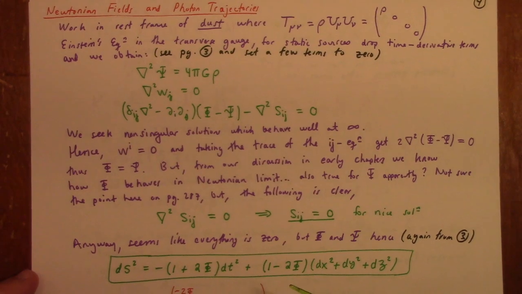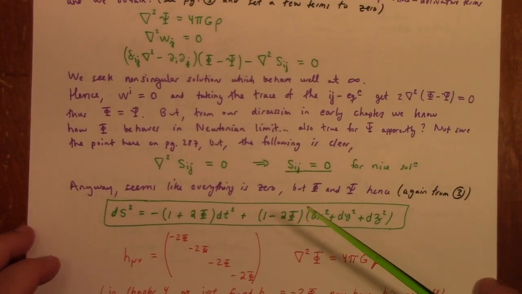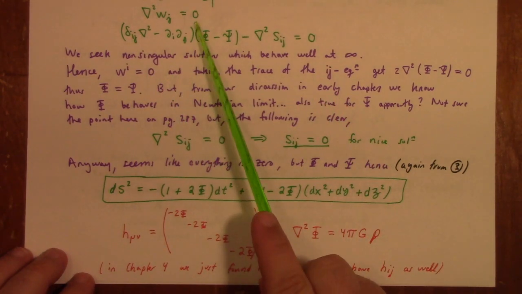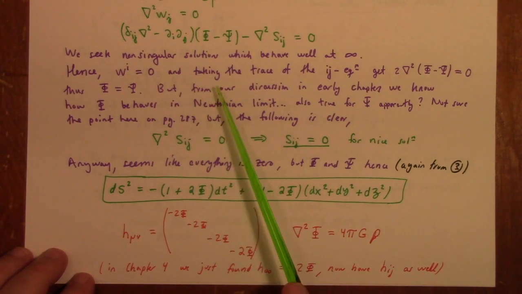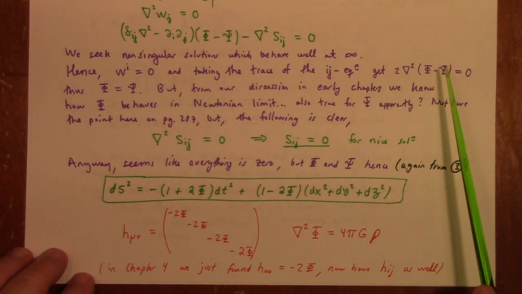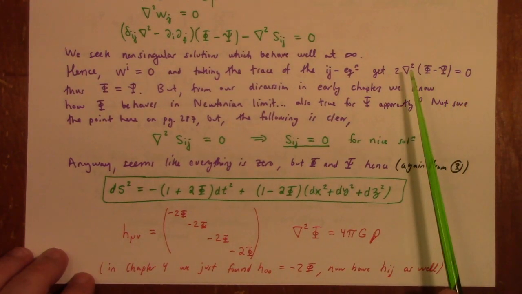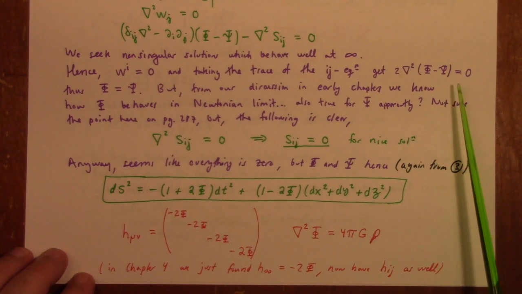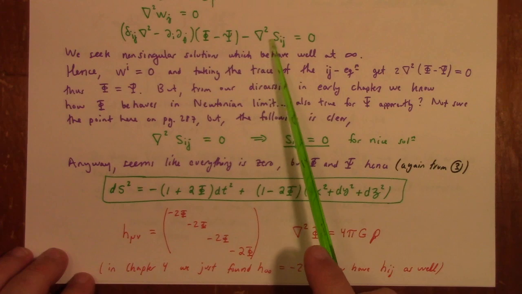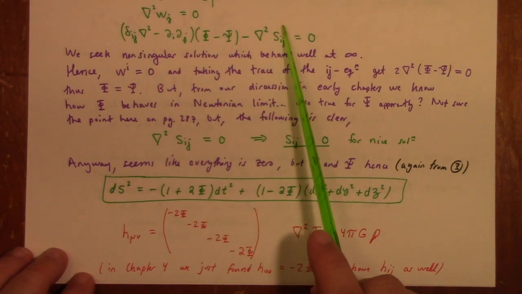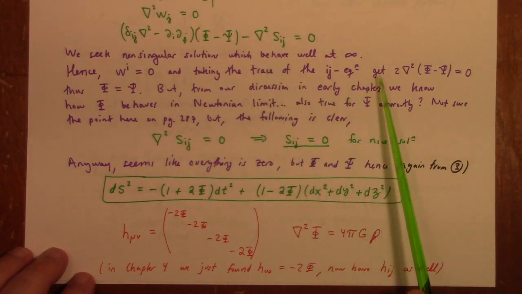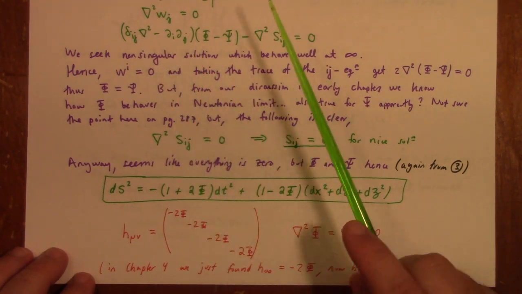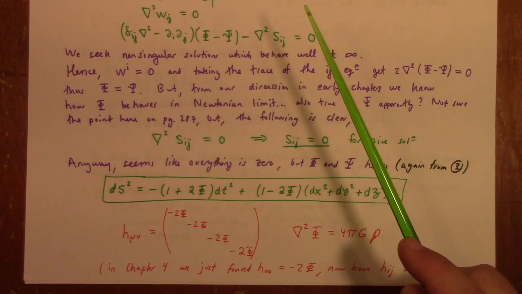He says we seek non-singular solutions which behave well at infinity, so we can put w to be 0. Oh, he says take the trace. If you take the trace of this equation, that knocks out the traceless piece, and that knocks out this piece as well, I think.